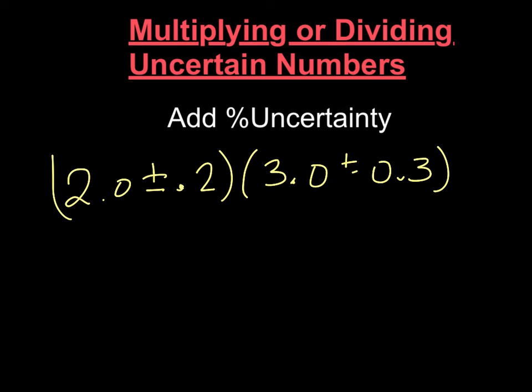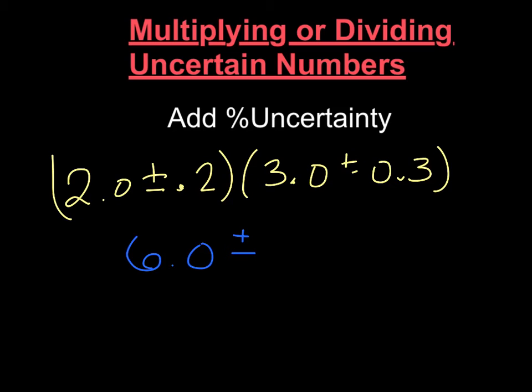Multiplying or dividing is a little bit trickier, because if I did this right, I would have 6.0 plus or minus, and if I multiply this, I would just get 0.006, which means my numbers got better by adding and multiplying worse things. You will never get better by adding horrible numbers.